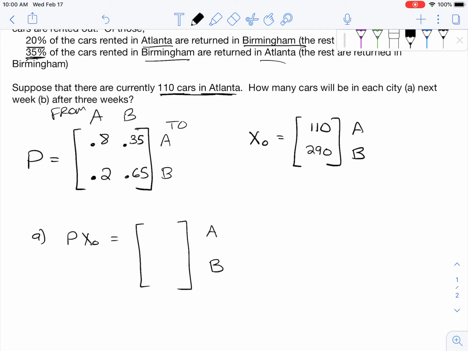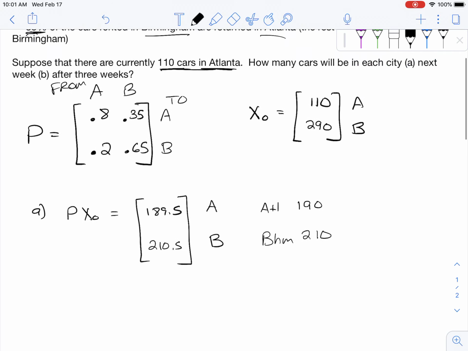I'm going to do P times 110 and 290. And when I do that, I get 189.5 and 210.5. So how would we round that? I guess we would say Atlanta has 190 cars and Birmingham has 210. We want to make sure those add up to 400.